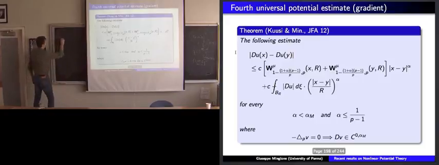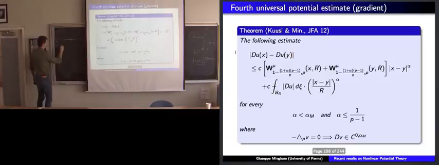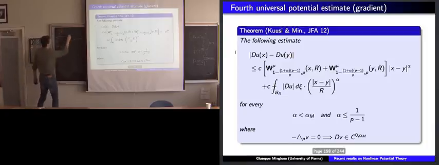We have zero order regularity, where U is bounded by W1P. Let's say this is C0 or C0 gamma for small gamma. Then we have C0 gamma for every possible gamma, and then you have a fractional potential.